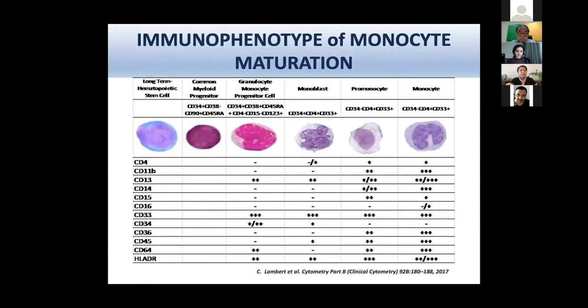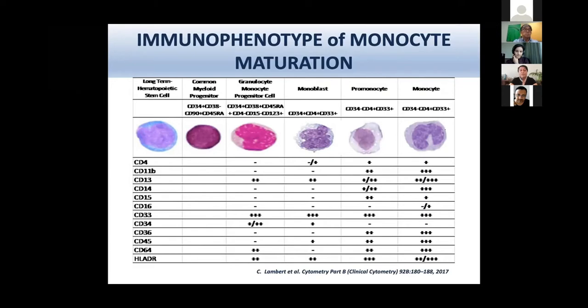So we published a paper in 2017 about the analysis of monocytes in clinical cytometry. And as we stated in that paper, the mature monocytes have CD33, which all of the monocytic lineage cells carry all along their maturation.